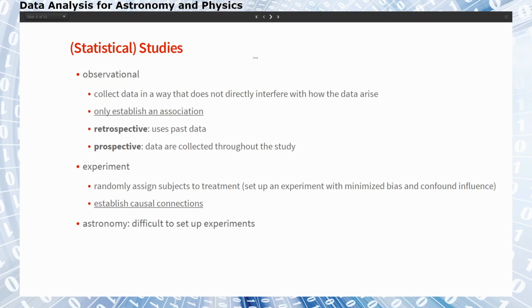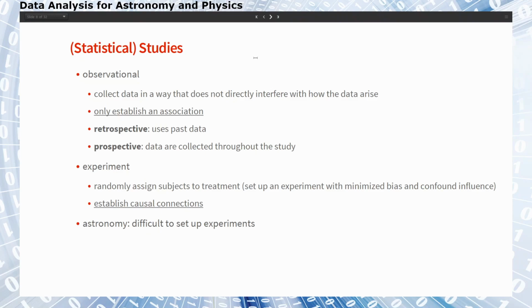When we perform statistical studies, there are two different classes of studies. There are observational and experimental studies. The observational study is collecting data such that it does not directly interfere with how the data arises.